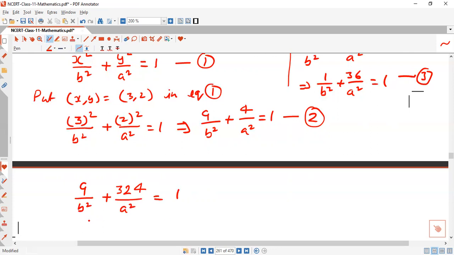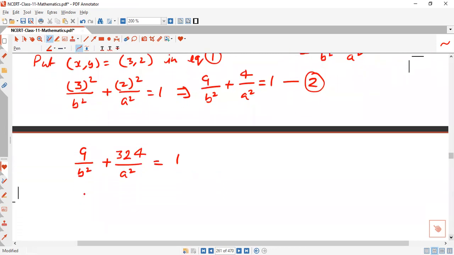And the second equation, equation number 2, is 9 upon b square plus 4 upon a square equal to 1. Subtract these two equations. So the b square terms cancel out.